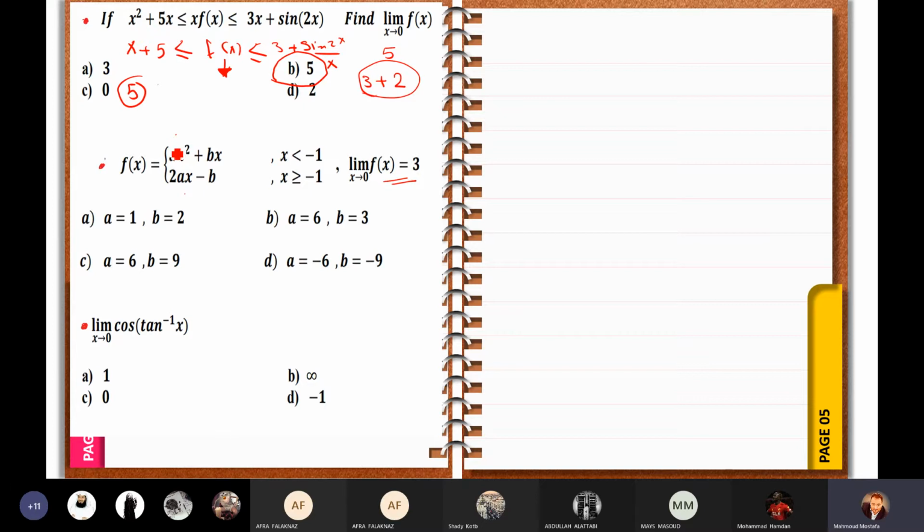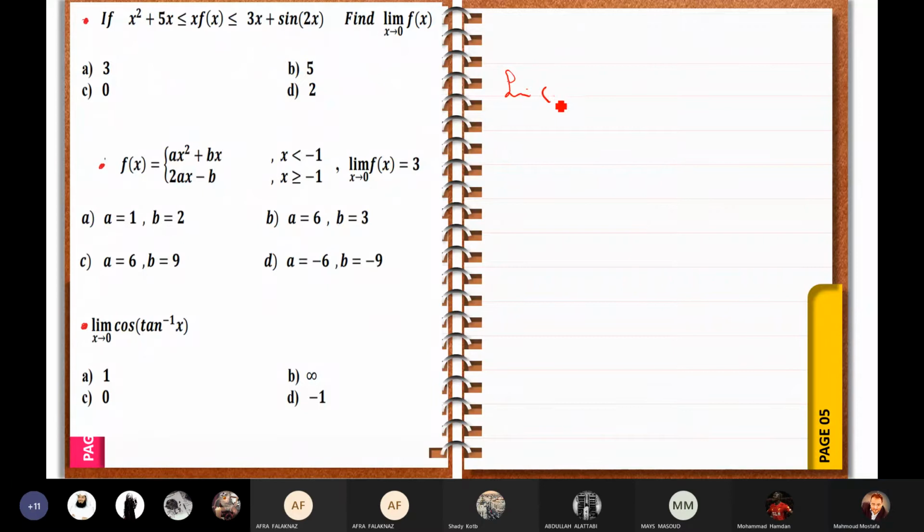When you find the limit from the left, of ax squared plus bx when x is less than or equal to -1, x approaches 0, sorry, from the left.